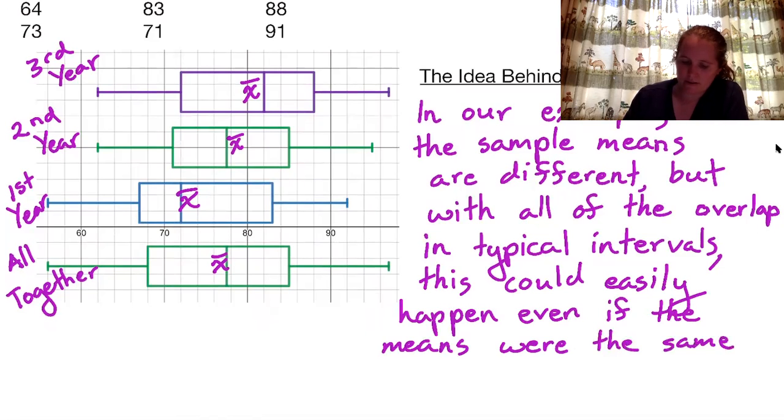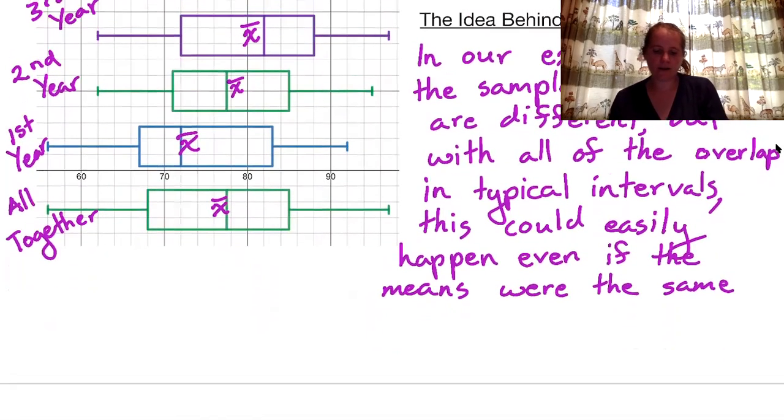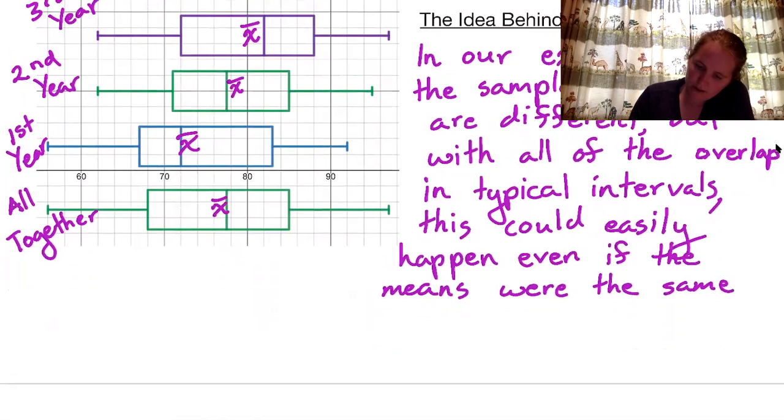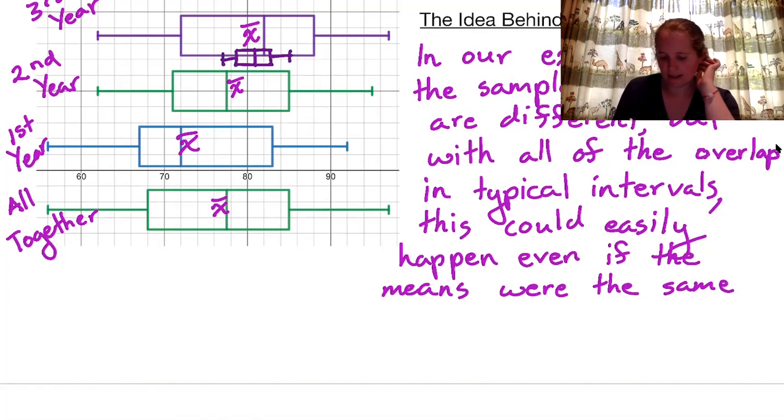On the other hand, let's draw very similar box plots just underneath them. So what if this top box plot were more like this? And then our box plot below was much smaller as well.